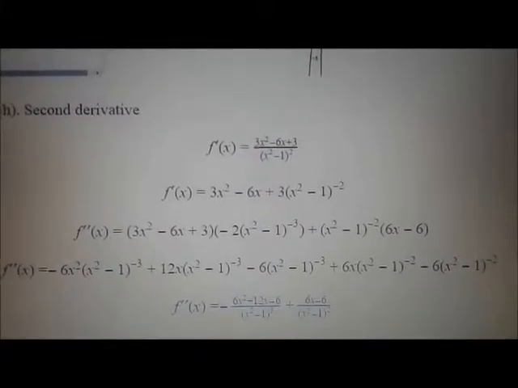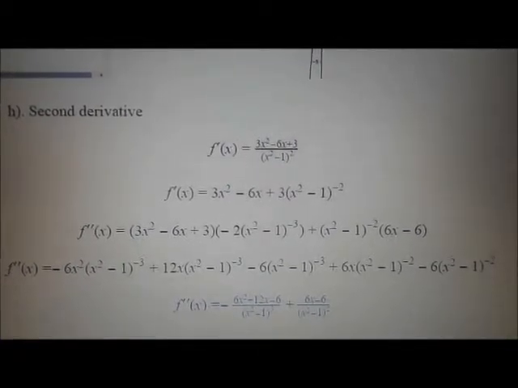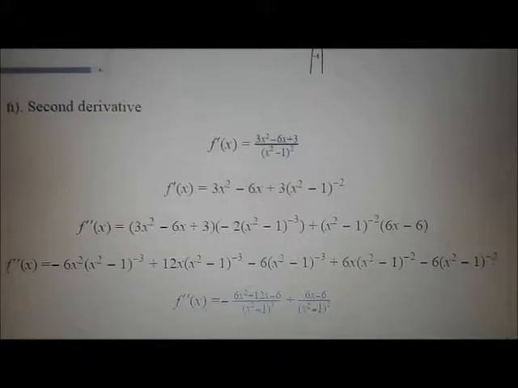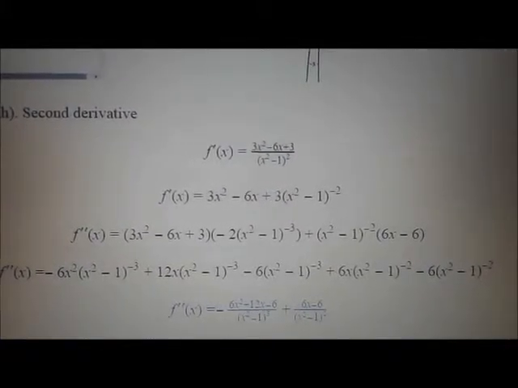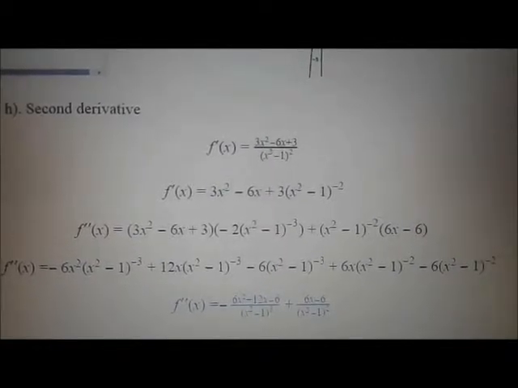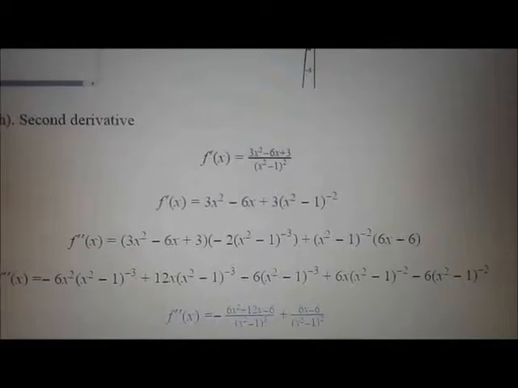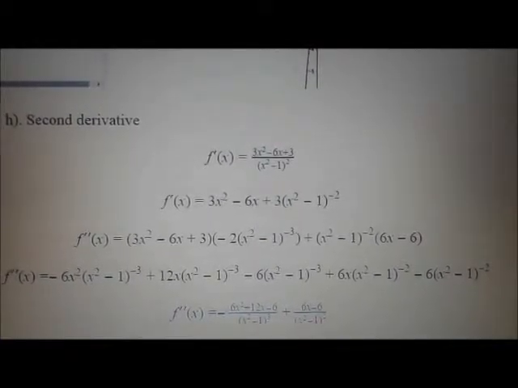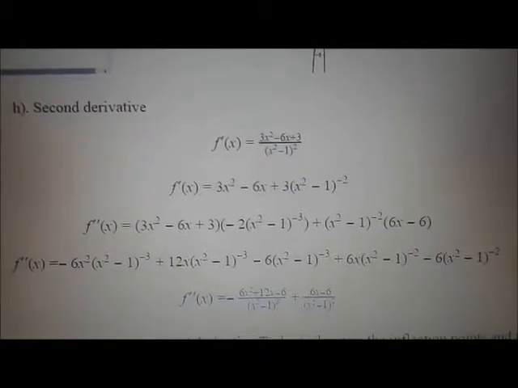So our second derivative needs the product rule. That means the derivative of our first term is multiplied by the second term, plus the derivative of our second term multiplied by the first term.